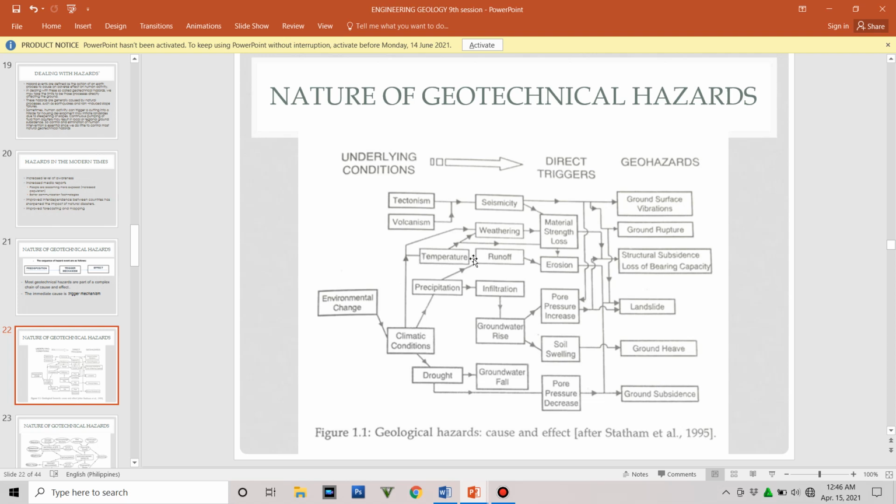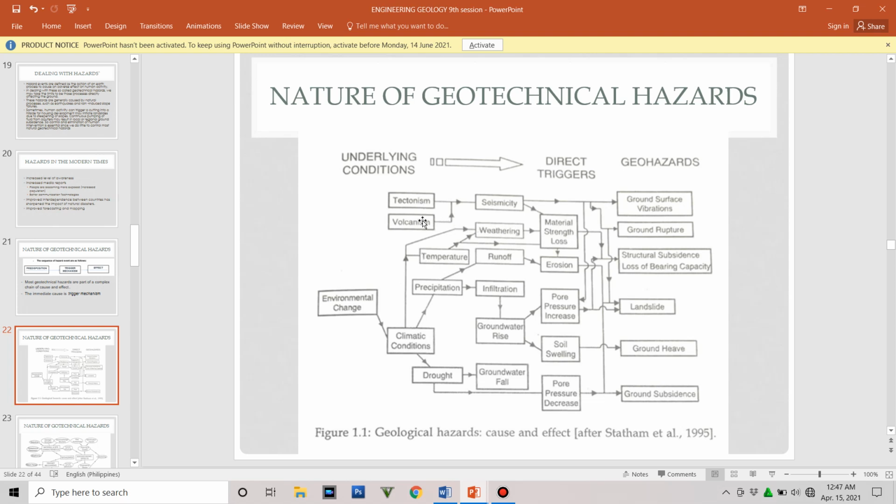And then temperature also have been a factor. Of course, we have studied that temperature is a factor for weathering process, which will have a material strength loss effect.